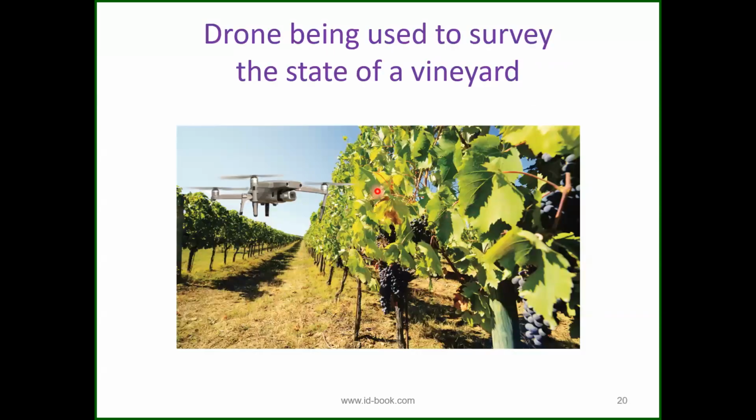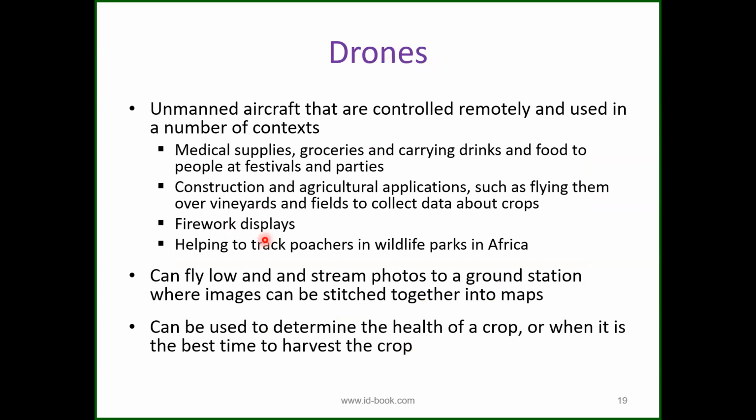For example, here you see a vineyard and the drone is going and checking the trees and the water, and how they are growing can all be seen. It can also be used in firework displays, and helping to track poachers in wildlife parks in Africa. It can fly low and stream or click photos to the ground station, where images can be stitched together into maps.